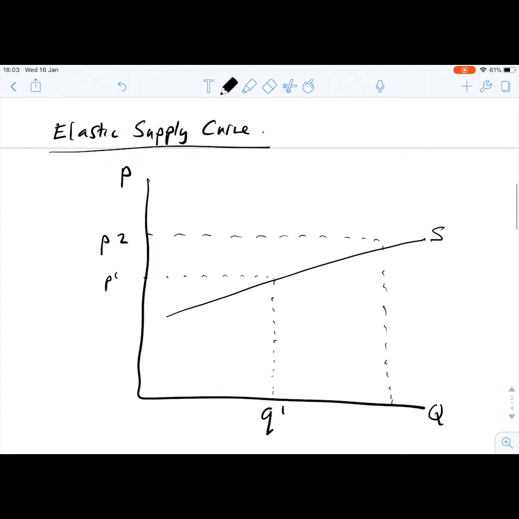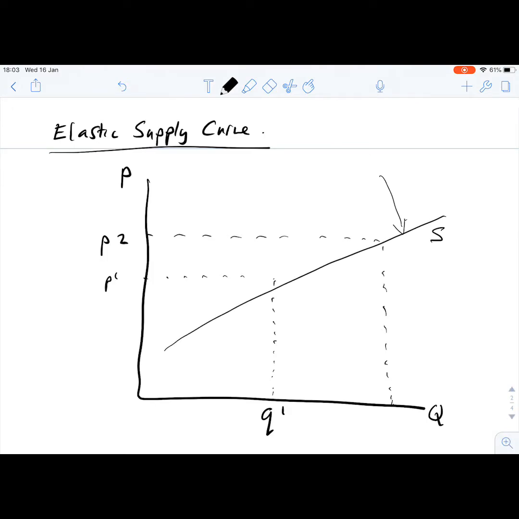Let's look here at an elastic supply curve. Okay, this is elastic. Think about your 45-degree line. So we just rotate it to the right-hand side to make it elastic. Let's just get rid of that line. We don't need that. But let's put the supply curve back in there.